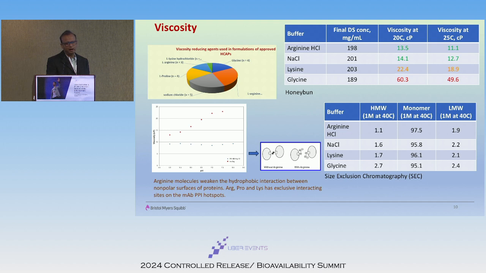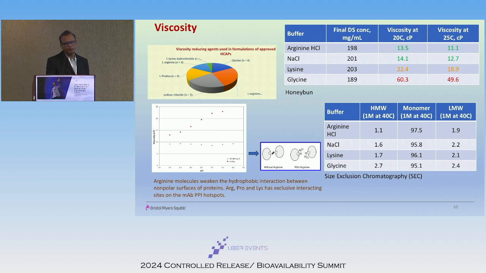And here we see arginine and sodium chloride work well because they try to protect against some of the protein-protein interactions and maintain the viscosity. We check the viscosity profile at different temperatures, but 20 or 25 degrees centigrade is the most appropriate because that is where we do all the processing, and also it is the temperature at which the patient generally takes the product out of the refrigerator and thaws it.